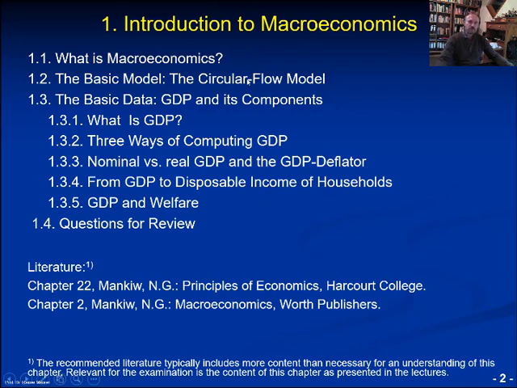Then I will introduce a quite basic macroeconomic model, the so-called circular flow model. As we will see, this model is a kind of theoretic backbone that appears in all other macroeconomic models. So it's quite useful. At the same time, it helps to organize the macroeconomic data, something we call national accounting.